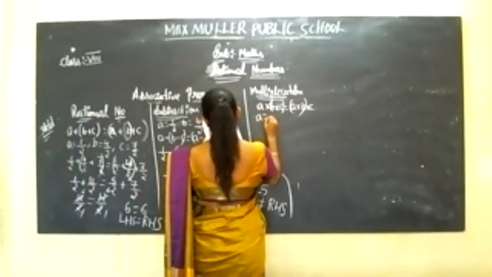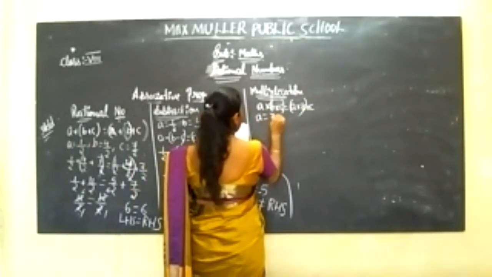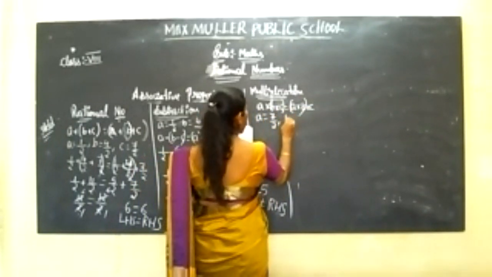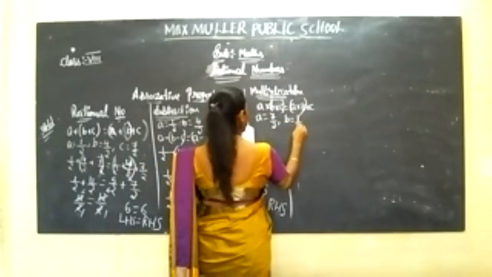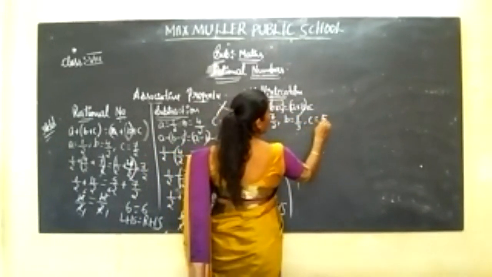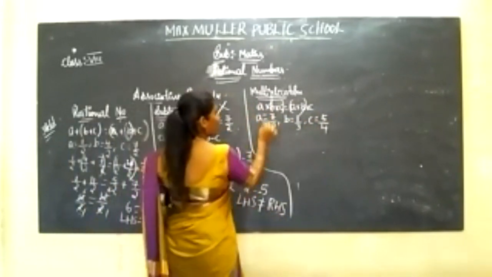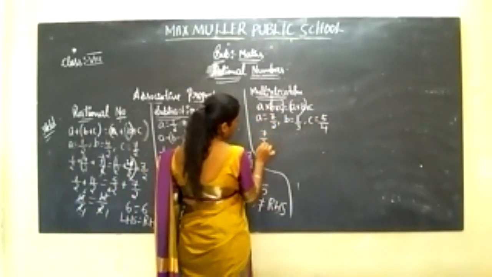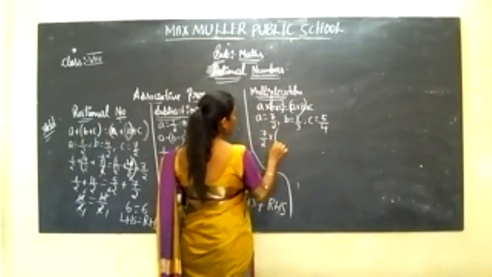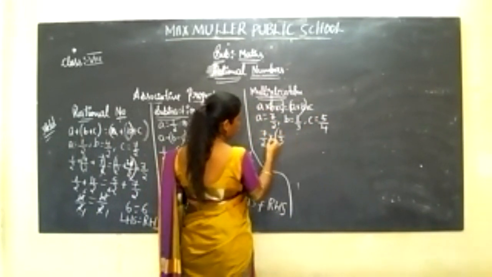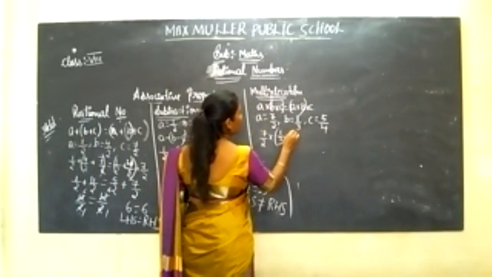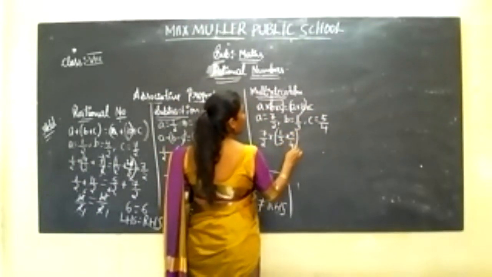So a is equal to 7 by 2, b is equal to 1 by 3 and c is equal to 5 by 4. Okay. Now what you have to do here? In place of a, substitute 7 by 2 into, in place of b, substitute 1 by 3 into c, 5 by 4.